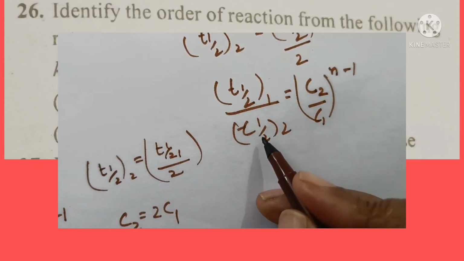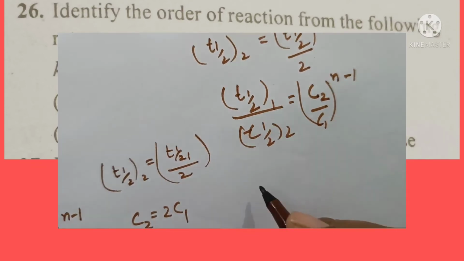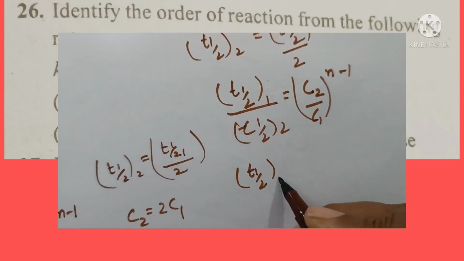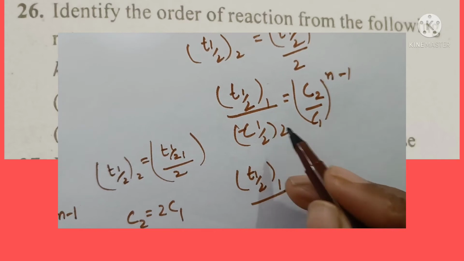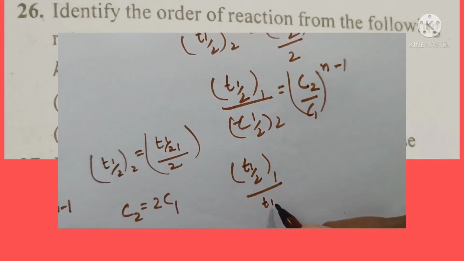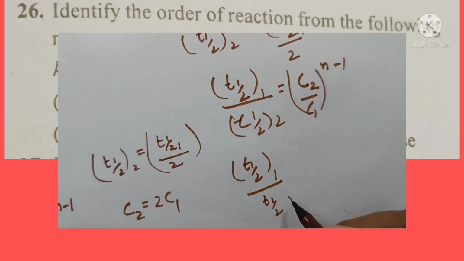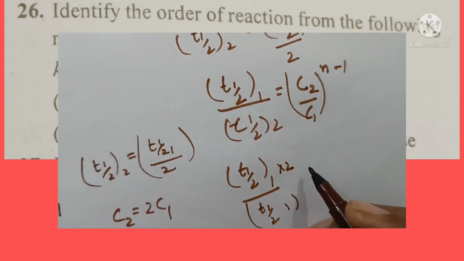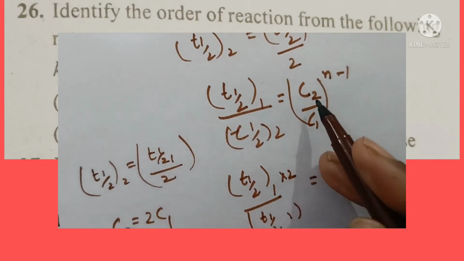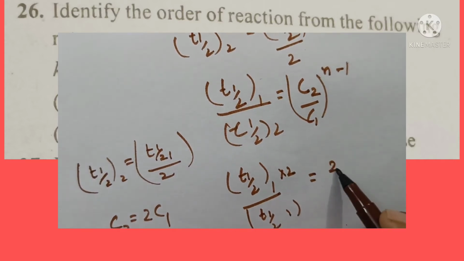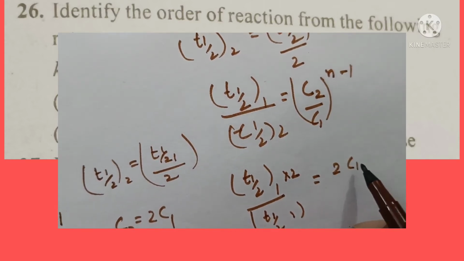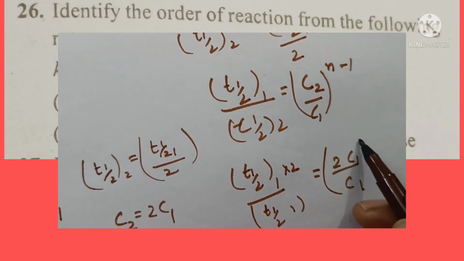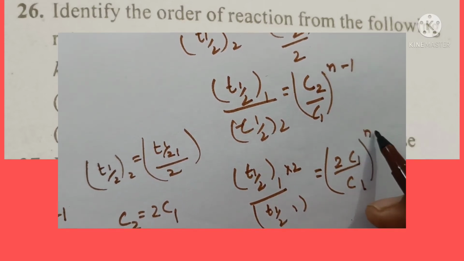So second T half is half of first T half, means instead of T half 2 we can write down T half 1 upon 2. So 2 comes up. Similarly, in place of C2 we can write 2C1 because it's double the original concentration, the whole raised to power n minus 1.